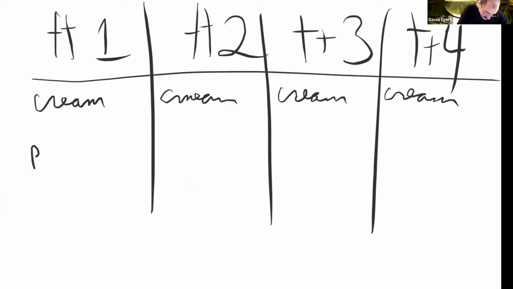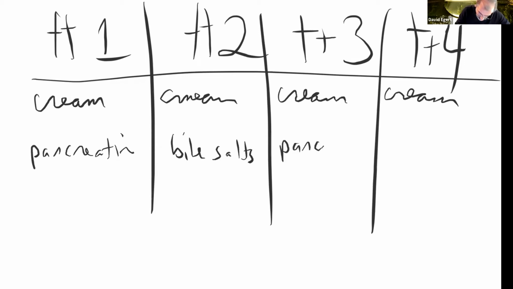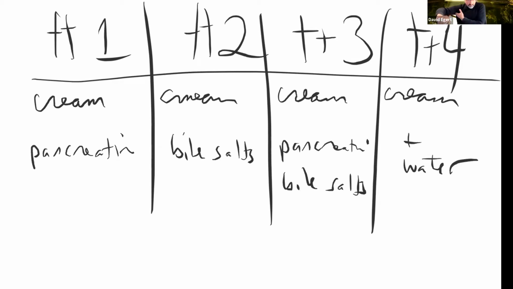This one will have cream and pancreatin, which is our lipase. This one's going to have cream and bile salts. This one's going to be cream and pancreatin and bile salts. And this is just going to be cream and water. This does not say cream.